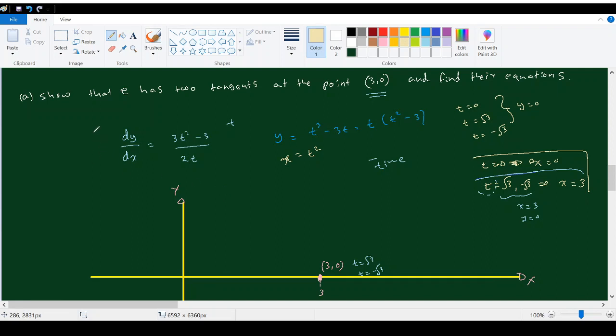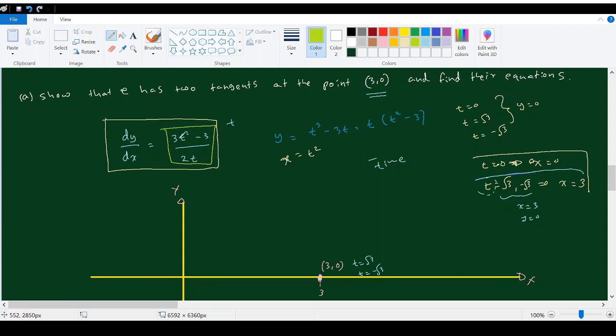Slope is given by the formula dy by dx. With the equation that we derived with the help of the chain rule in the previous video, you can see that the slope dy by dx, that is the slope of this xy relationship, is expressed with the help of t.